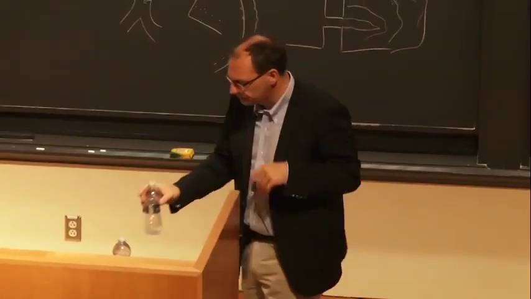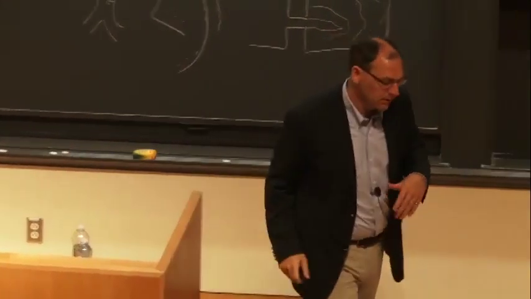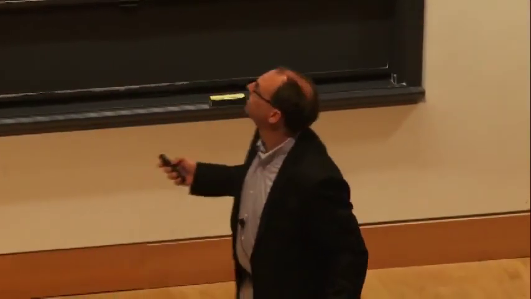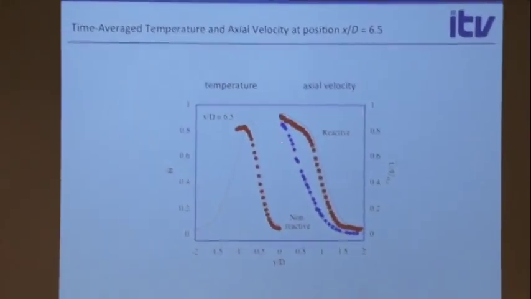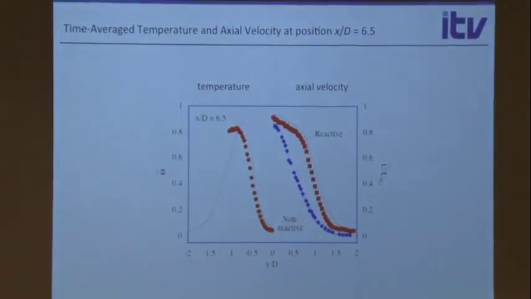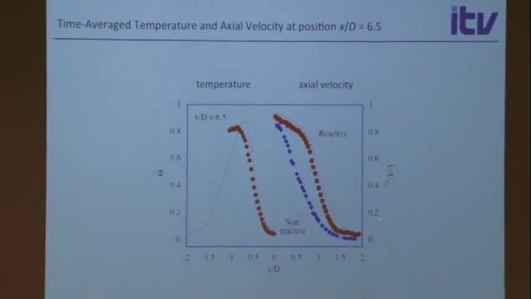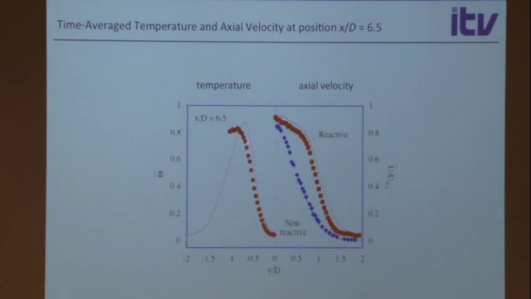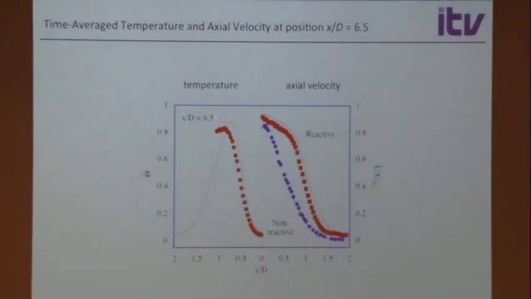Velocity field, and so you see it's captured all right. And then if you look further downstream, again there's the non-reactive and the reactive, and again you see it's captured fairly well. Temperature has some difference here, but that's most likely because of the pilot.